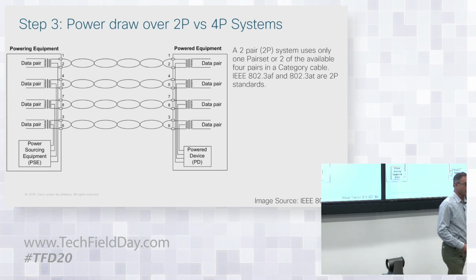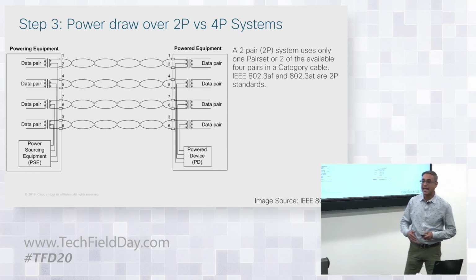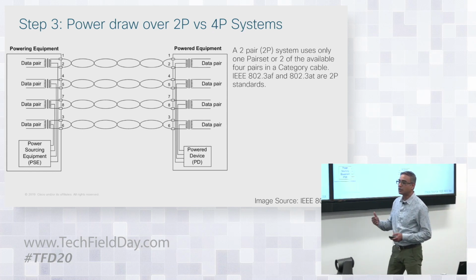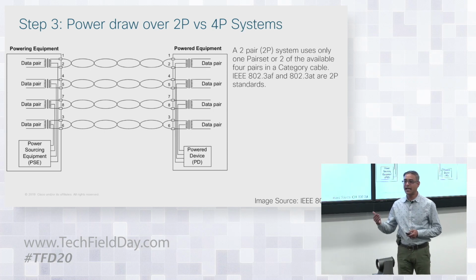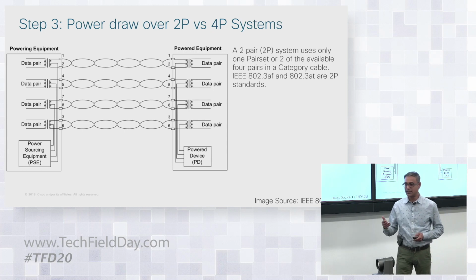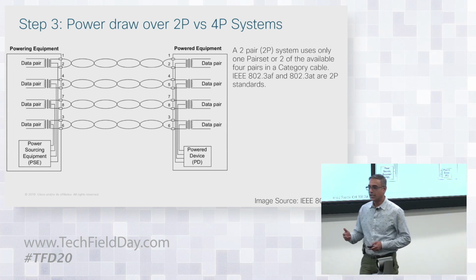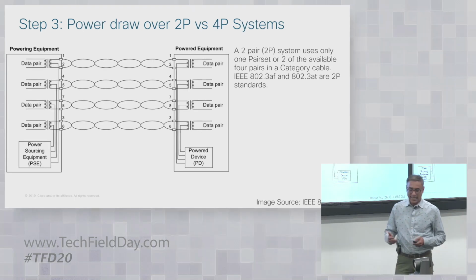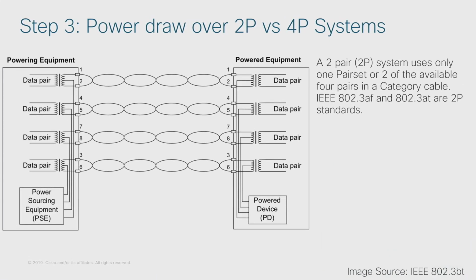Now, the third step, of course, and the third principle, is the actual power draw. The actual power draw before the bt standard, which is the 802.3at and the 802.3af standards, would happen over a pair set, which is 2 pairs of strands. And that would essentially limit the power draw to 45 watts.